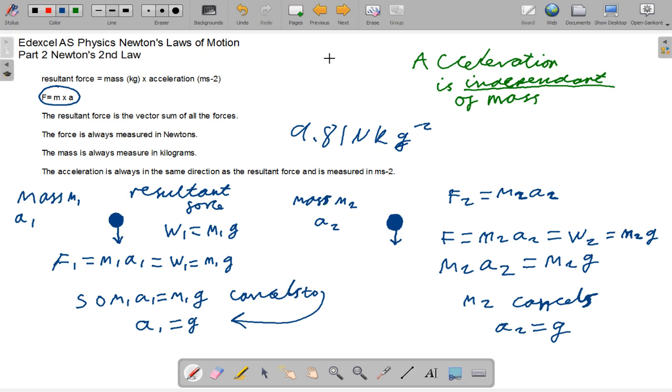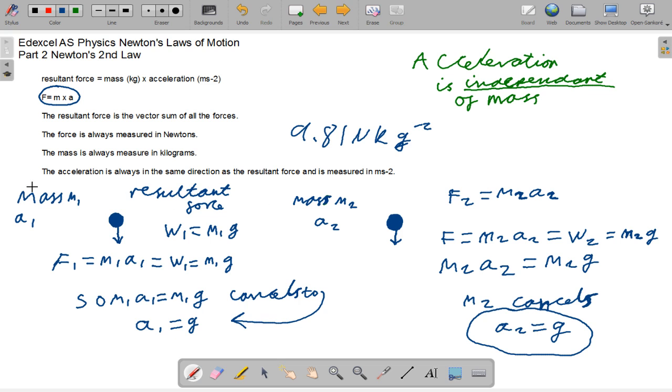Now the same can be applied with a different mass and a different acceleration, but they all still cancel to 9.81. So the acceleration is independent of the mass, and it doesn't make any difference whether the weight is heavy or light.